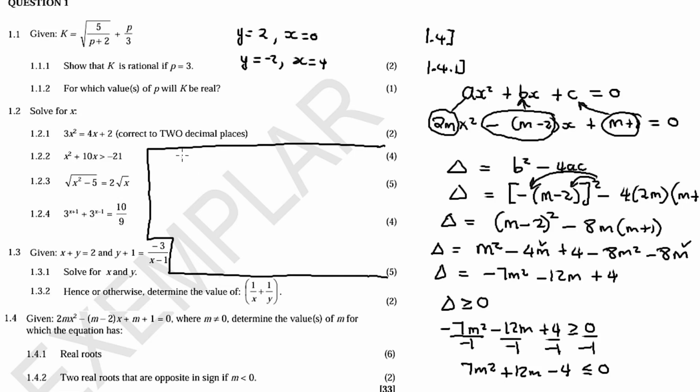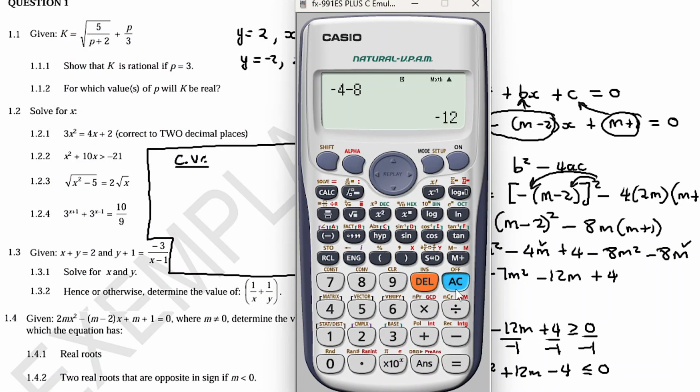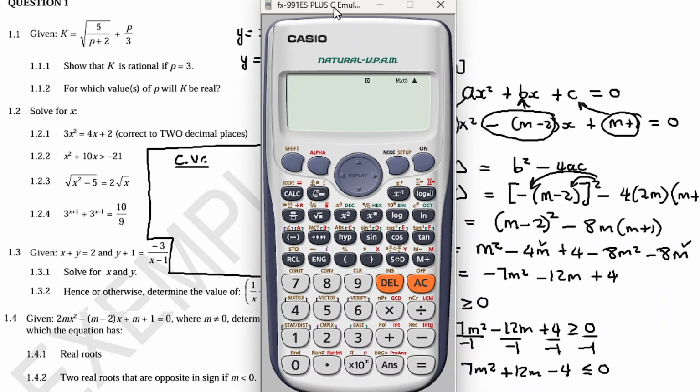Then for the critical values, just stick to using the quadratic formula. That's the safest way. Just to stay on the safe side, use the quadratic formula.